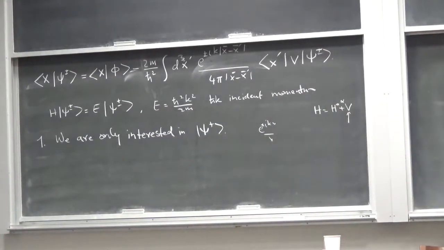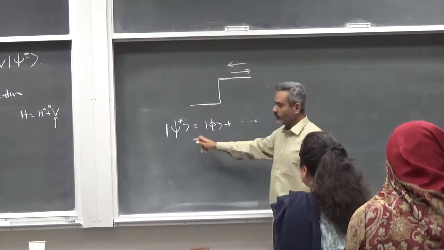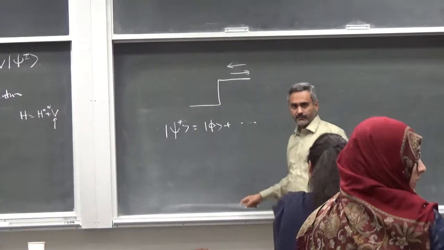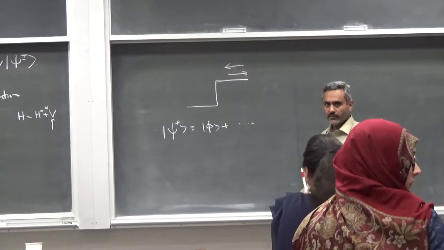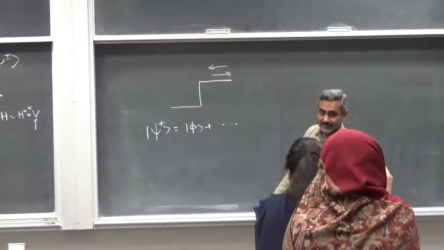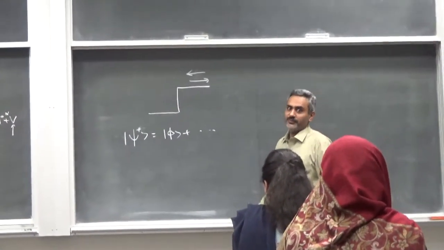Are you asking why we have this bit in here? Why have we included only this bit? Why not the other part? Which other part? The one after scattering. The one after scattering? Again, I don't know what you mean.